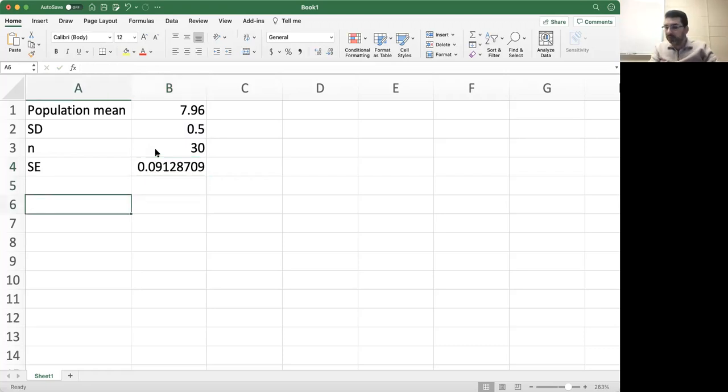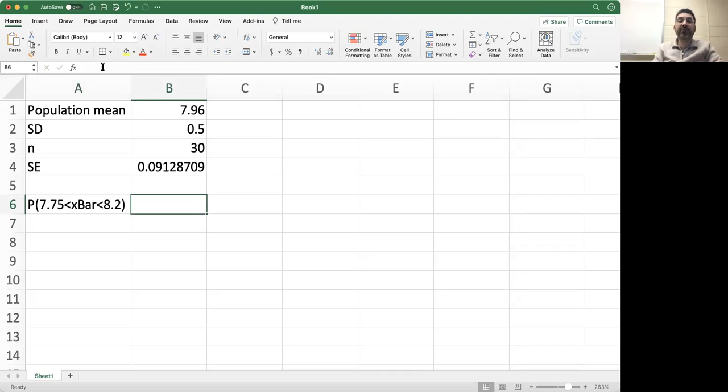Now we need to find the probability that X bar is between 7.75 and 8.2. So we need to find this probability. As I said to you, we'll apply the normal distribution function.